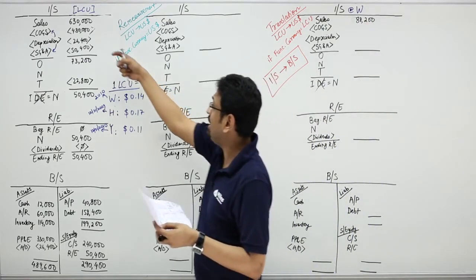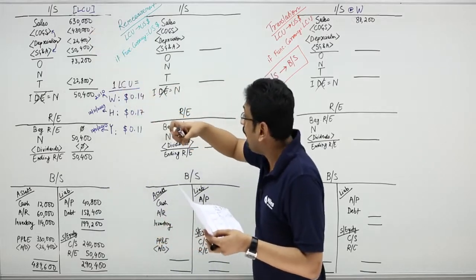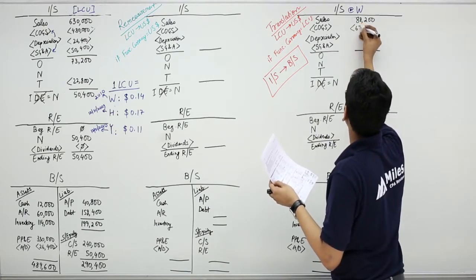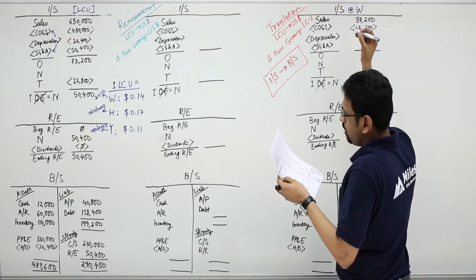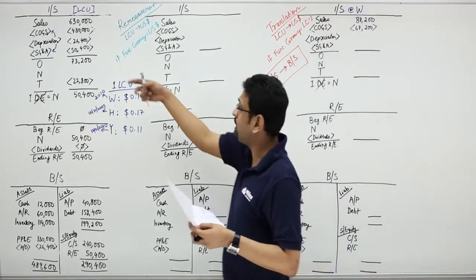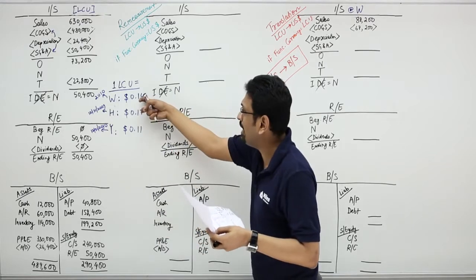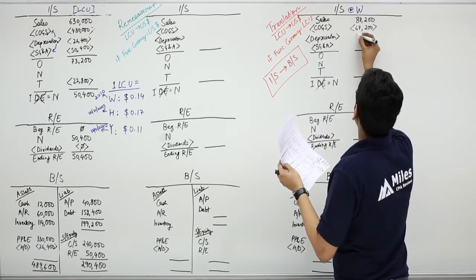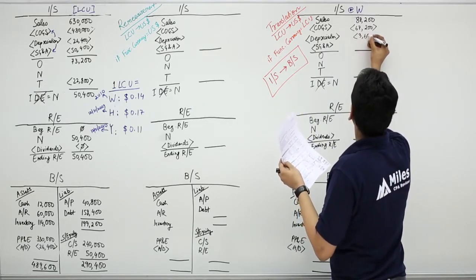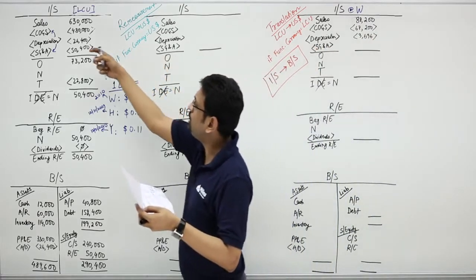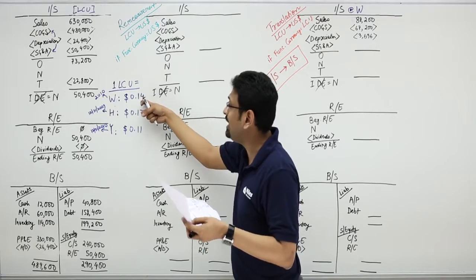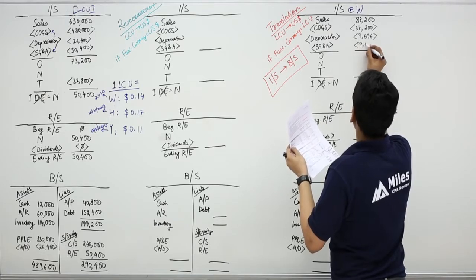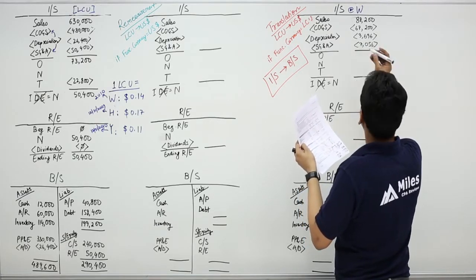Now, 480,000 local currency units into 14 cents gives me $67,200. For depreciation, 26,400 local currency units into 14 cents weighted average rate gives me 3,696. SG&A, 50,400 local currency units into 14 cents weighted average rate gives me 7,056.